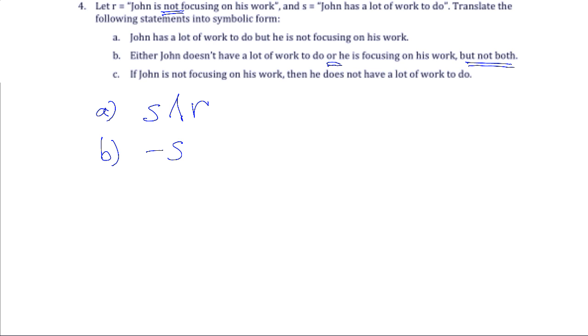So this is not a normal or, this is an XOR. Okay, so if he is focusing on his work, that's the opposite of R, because R says he's not. And so this is part B, and this is not S XOR not R. You could write it like that if you want.